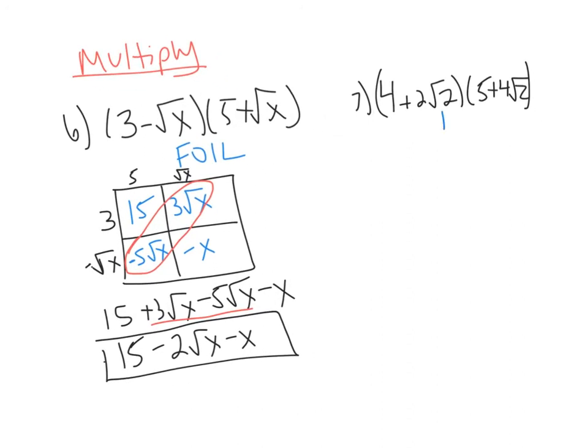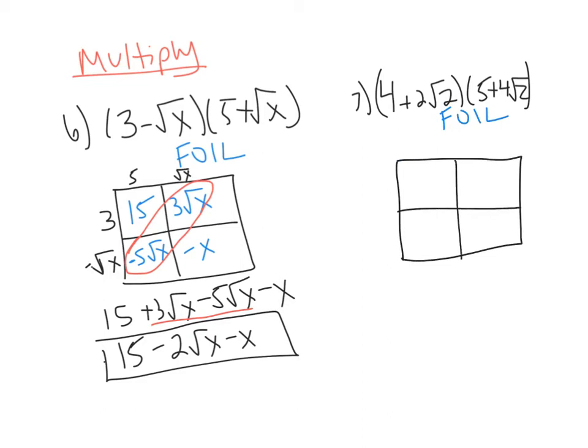That means I'm going to need to FOIL. If you like to FOIL without the box, that's fine. I like to draw the box. So since I have a 2 by 2, I'm going to draw a 2 by 2 box. I have a 4 here. I have a 2 root 2. I have a 5 and I have a 4 root 2.